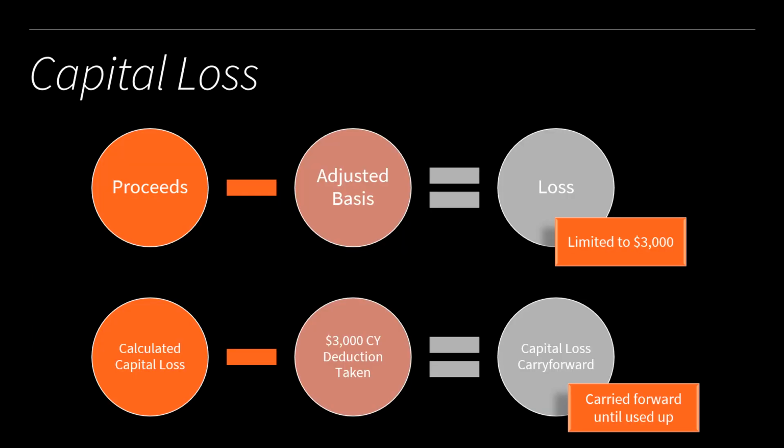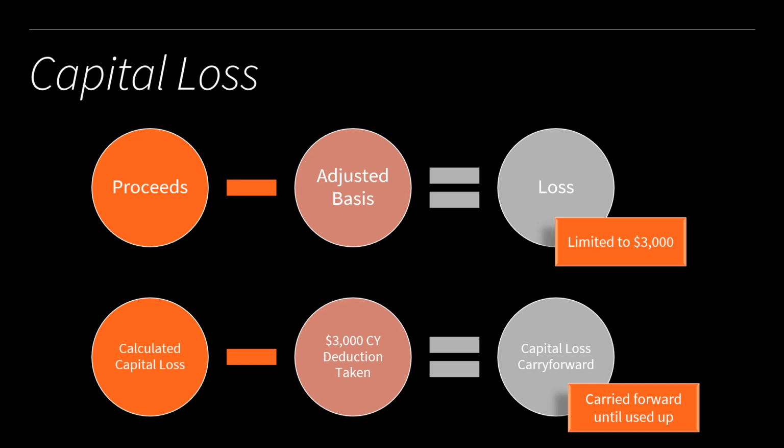When we have a capital gain, of course, we're going to have income that is going to be taxed at either the ordinary rate or the lower capital gains rate. When we have a capital loss, our taxpayers are allowed to take some of that, but not all of that.